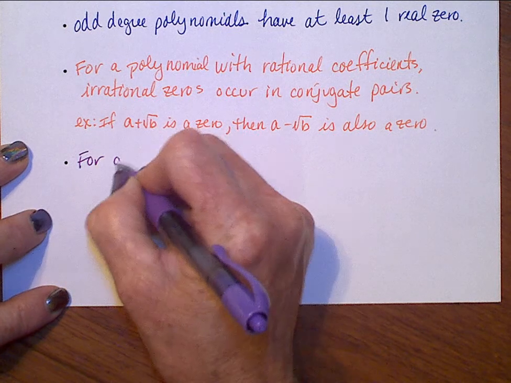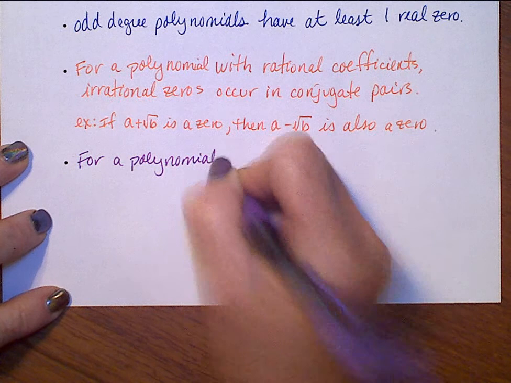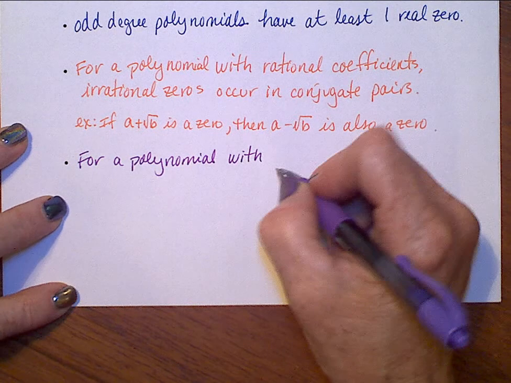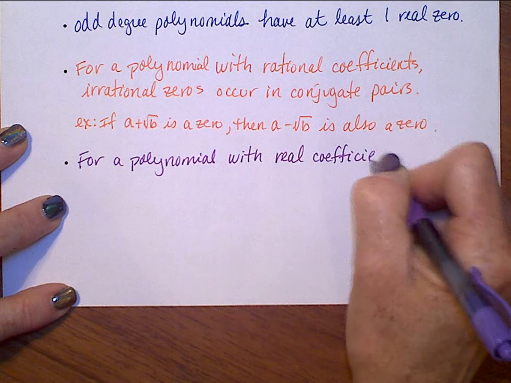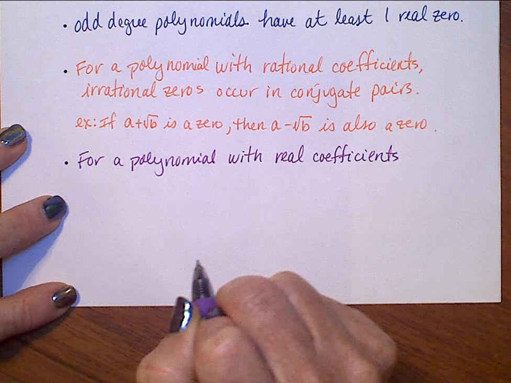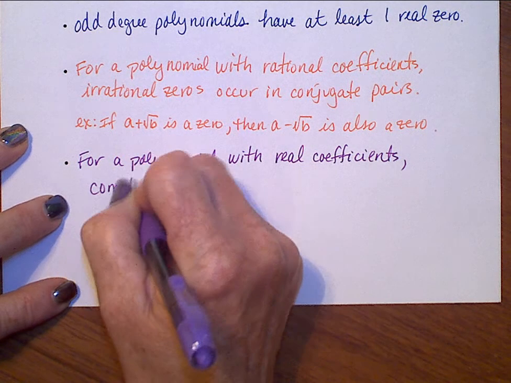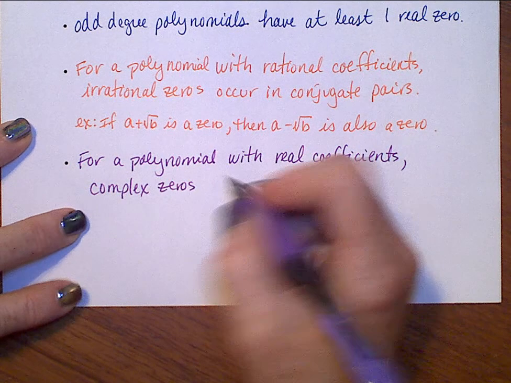For a polynomial with real coefficients, complex zeros occur in conjugate pairs.